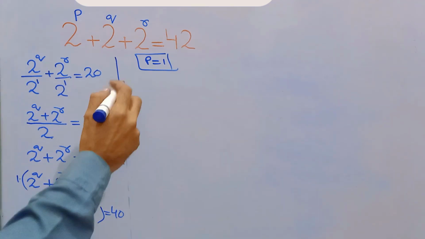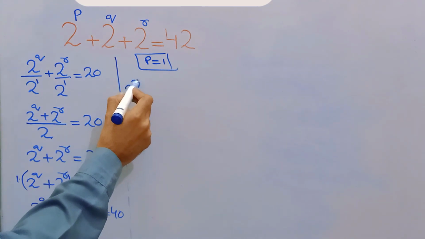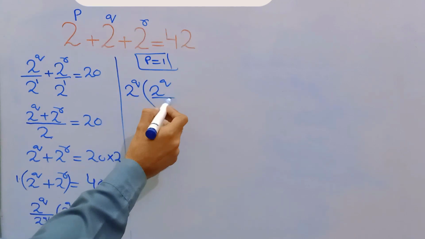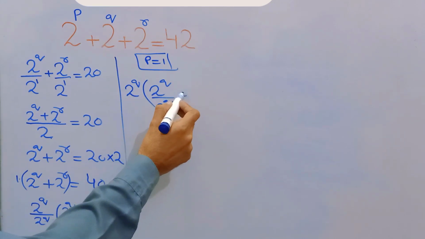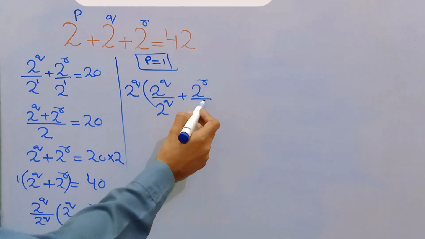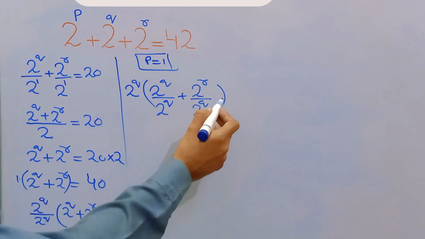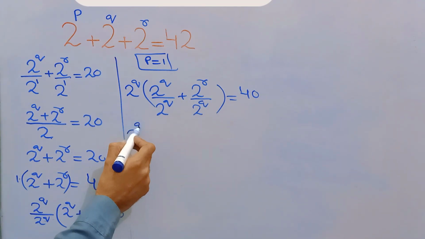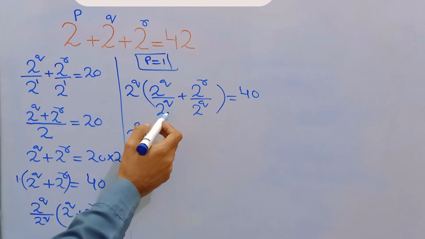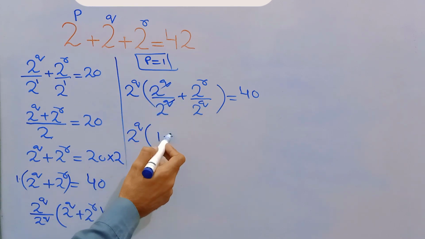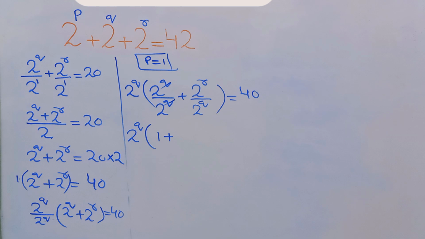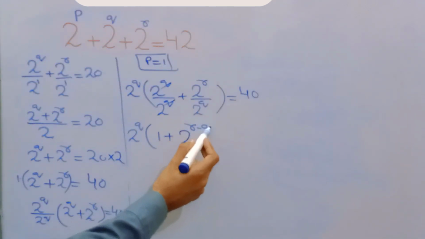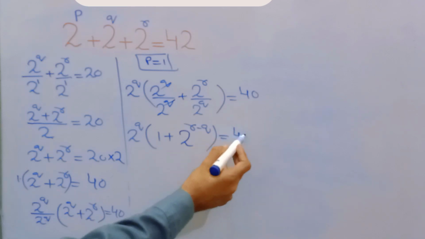The next step student, 2^q divided by 2^q plus 2^r divided by 2^q is equal to 40. 2^q divided by 2^q will be cancelled, only 1 plus 2^r can be written as 2^(r minus q) is equal to 40.